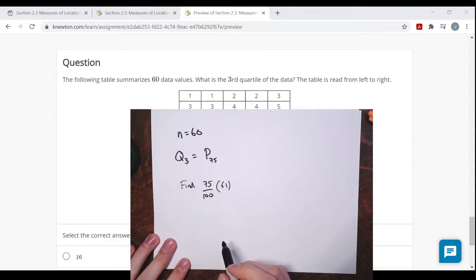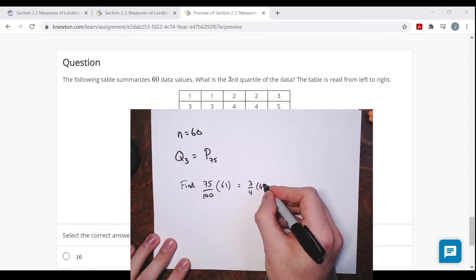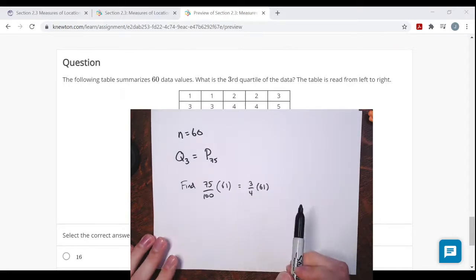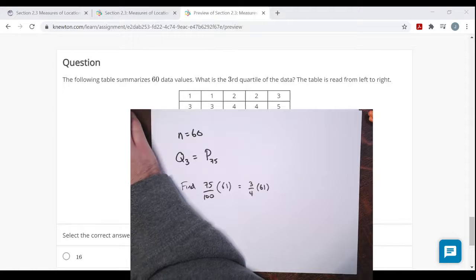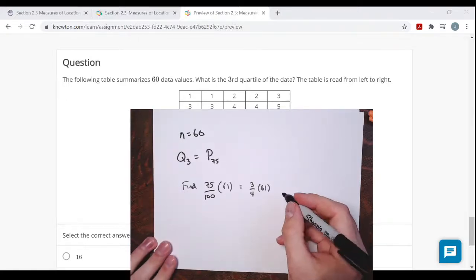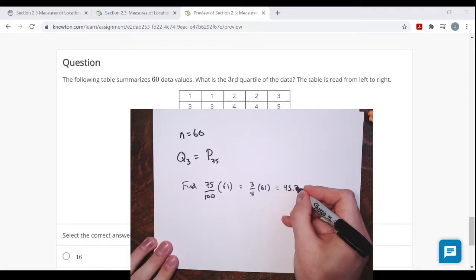Now 75 out of 100 is just 3/4, to make that a little easier. Then 3 times 61 is 183 divided by 4. This is 40 something. This is 45.75, I believe. Check me on that.